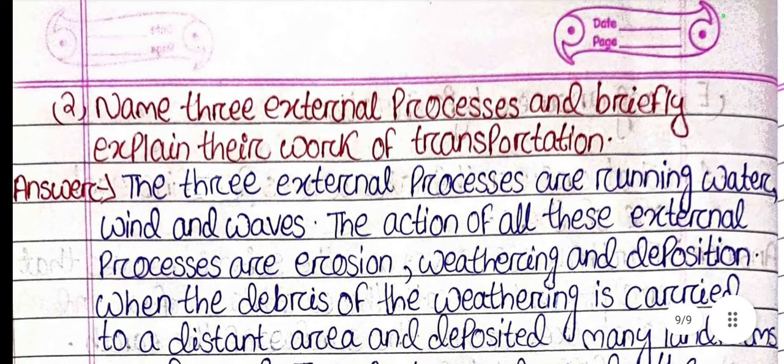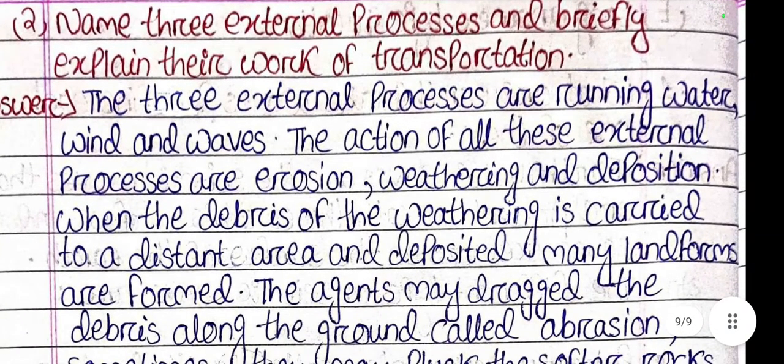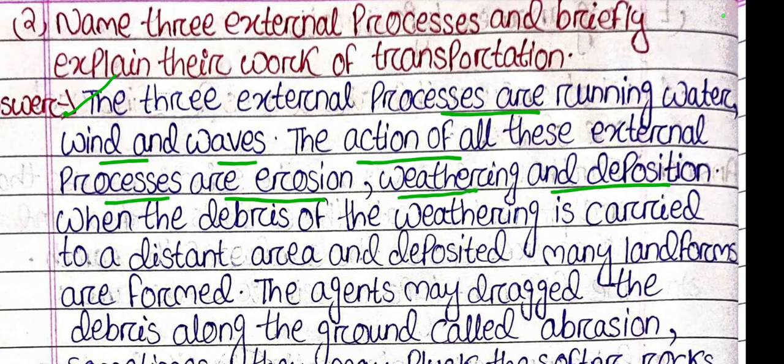The next question is, name 3 external processes and briefly explain their work of transportation. The 3 external processes are running water, wind and waves. The actions of all these external processes are erosion, weathering and deposition. When the debris of weathering is carried to a distant area and deposited, many landforms are formed.